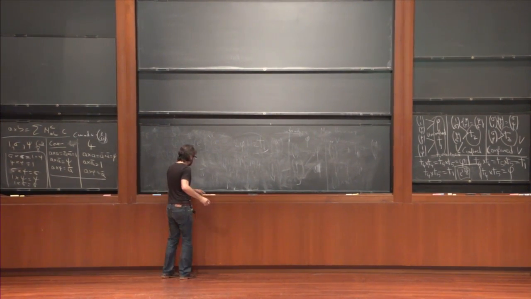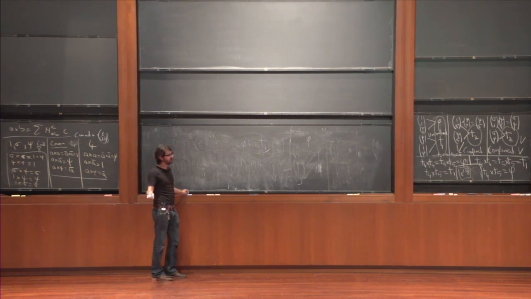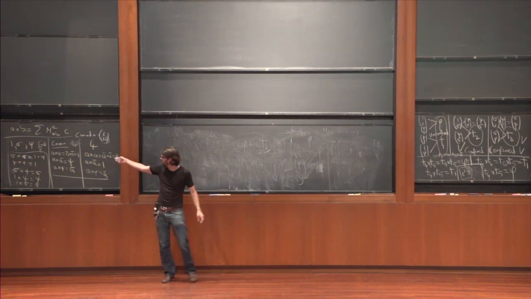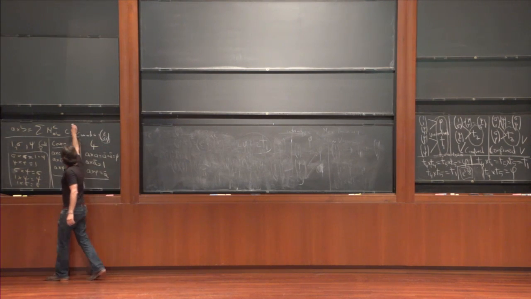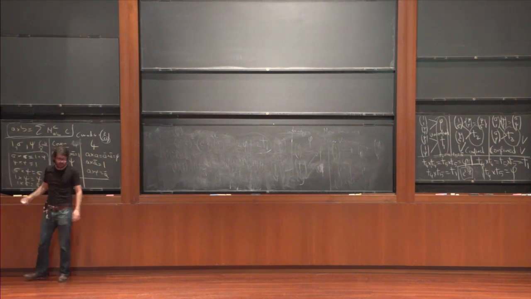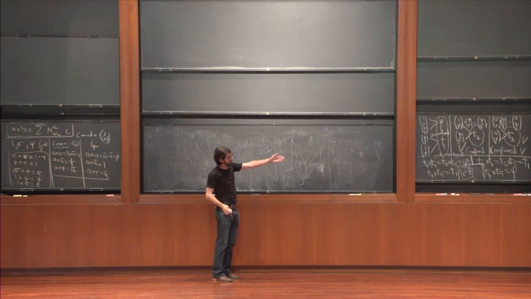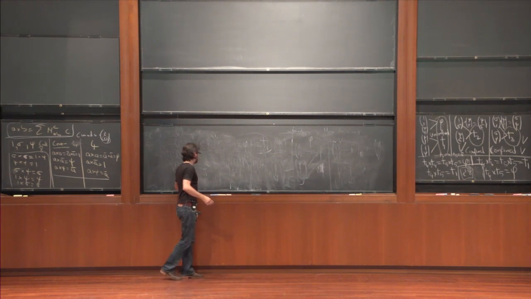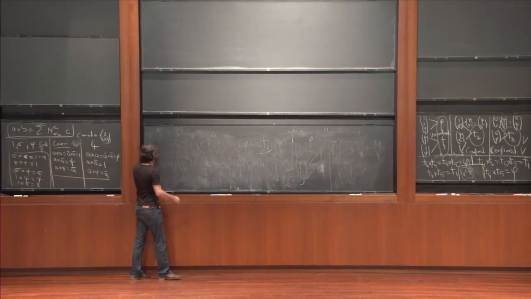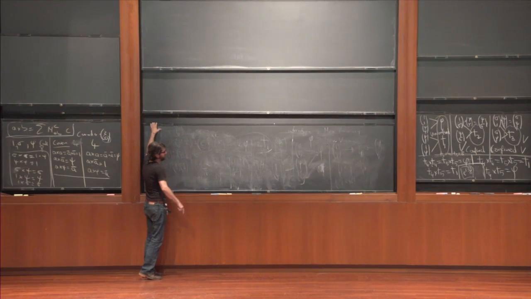Okay. But let me show you how to do this in general, just by having some fusion algebra, and then obtaining the S matrix and obtaining all these topological spins in general, at least for these two theories that I've done here.